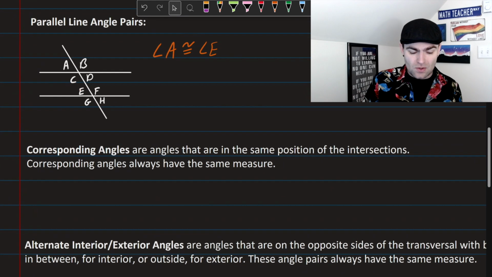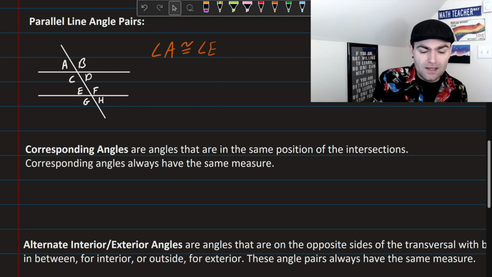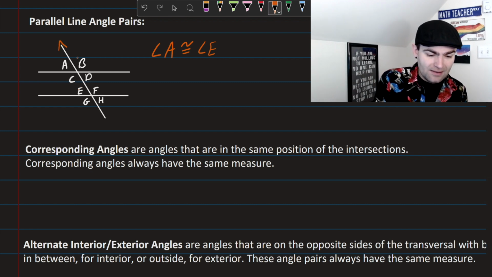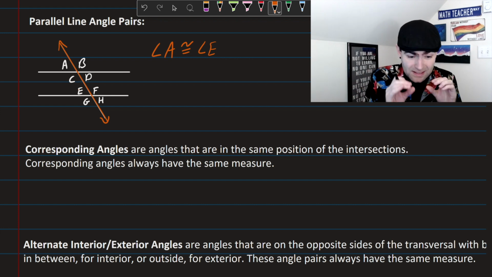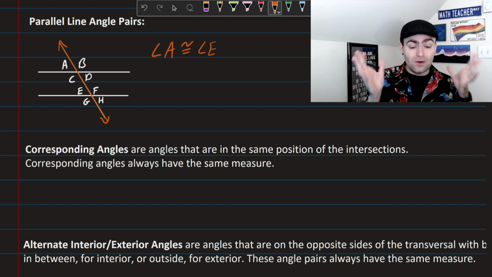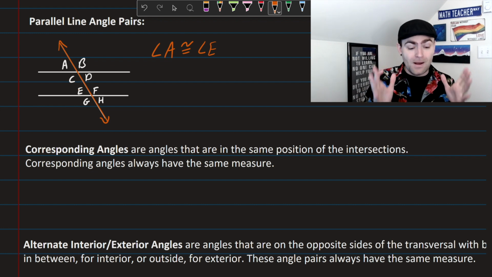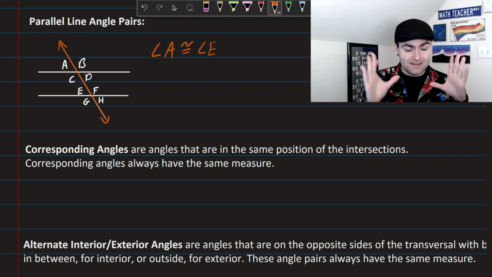The next one is alternate interior or exterior angles. If we look at this line here, this transversal, as its own thing, if we are on opposite sides of the transversal, and both angles are either in between the parallel lines or both outside of the parallel lines, then those are congruent by alternate interior if they're in between, or alternate exterior if they're not.